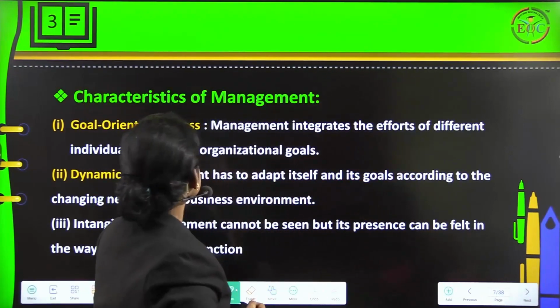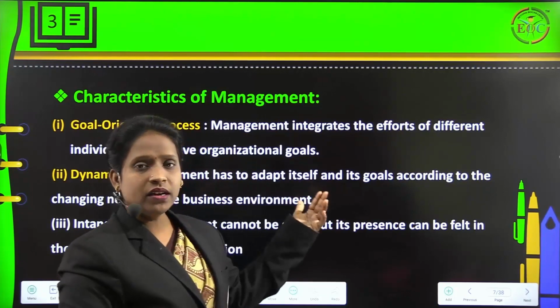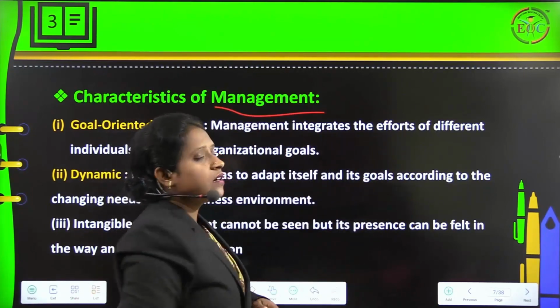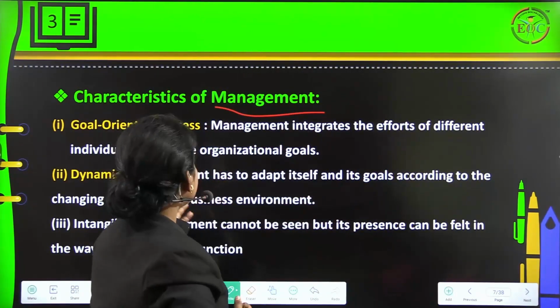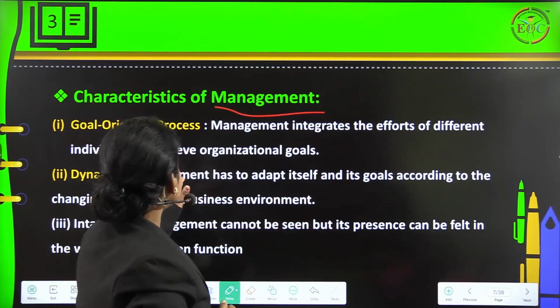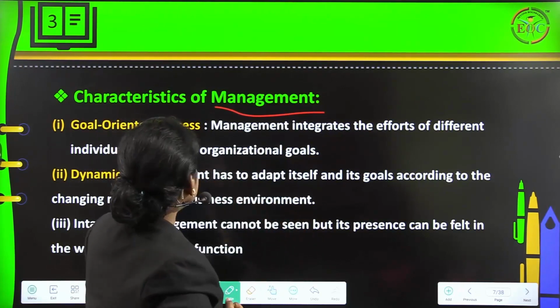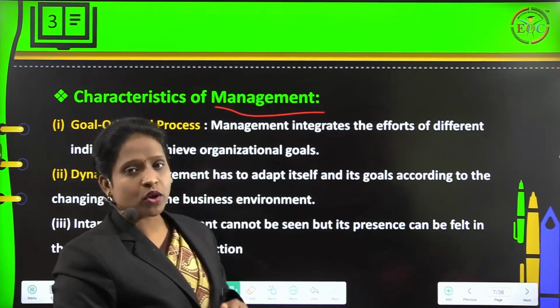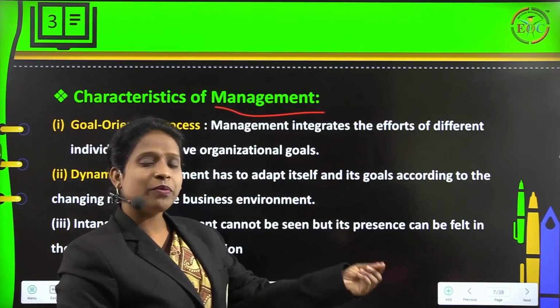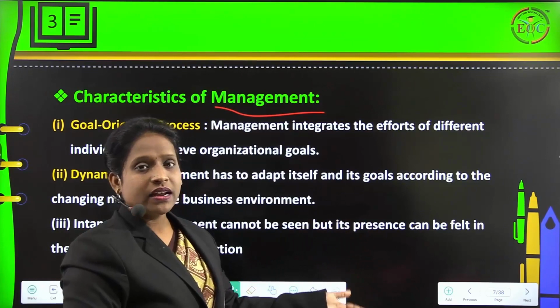Fine. And next, it's about the characteristics of management. We have already learned the meaning of management, taking it as a process. Now we have to understand the characteristics of management. The first characteristic is that it is considered a goal oriented process. Whenever we have to achieve a particular goal, we have to plan, organize, coordinate, direct, control.